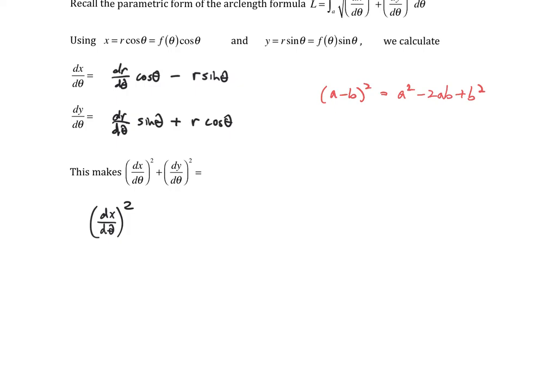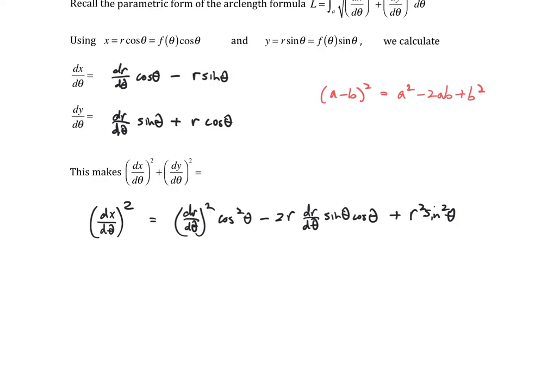So if I apply that to the dx d theta, we're going to get dx d theta squared is equal to dr d theta quantity squared times cosine squared theta minus 2 times r dr d theta sine theta cosine theta plus r squared sine squared theta.